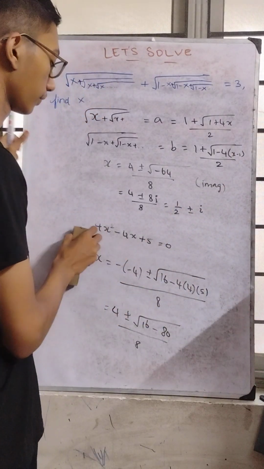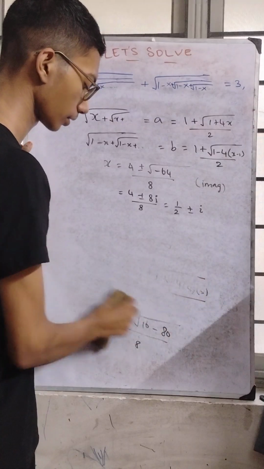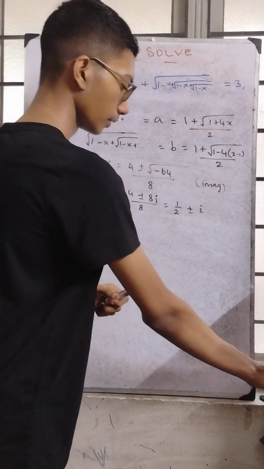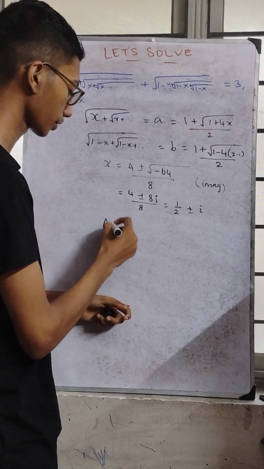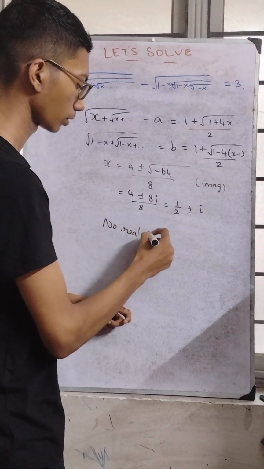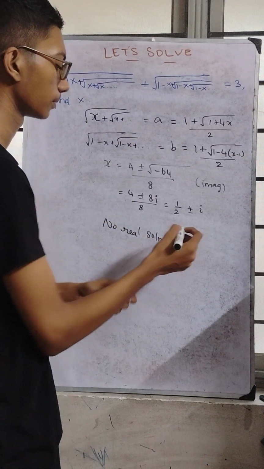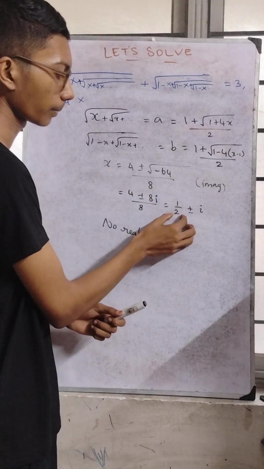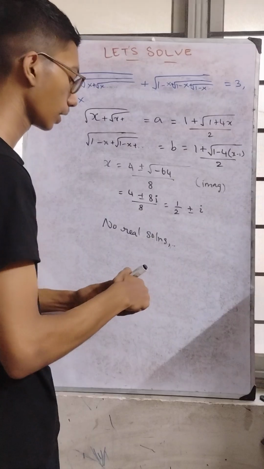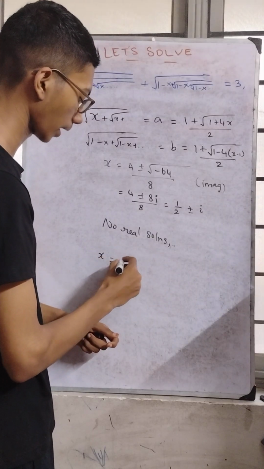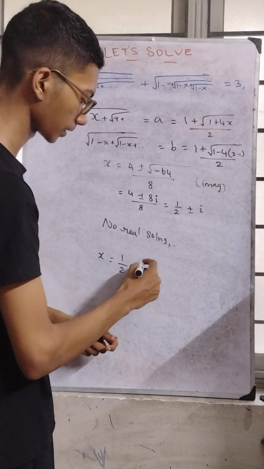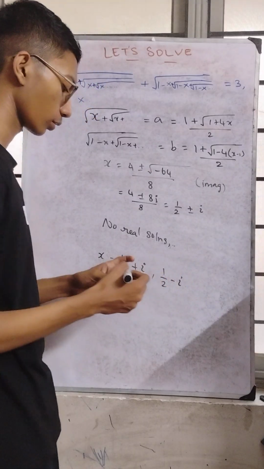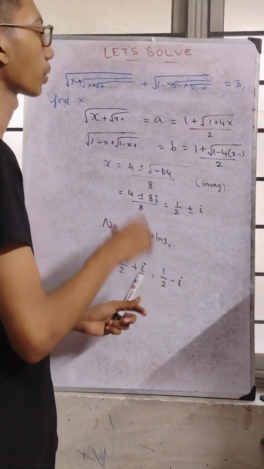So there are no real solutions to this problem. The only solution for x is 1 by 2 plus or minus i. We need to write it like this: 1 by 2 plus i and 1 by 2 minus i. So these are the two solutions for this problem.